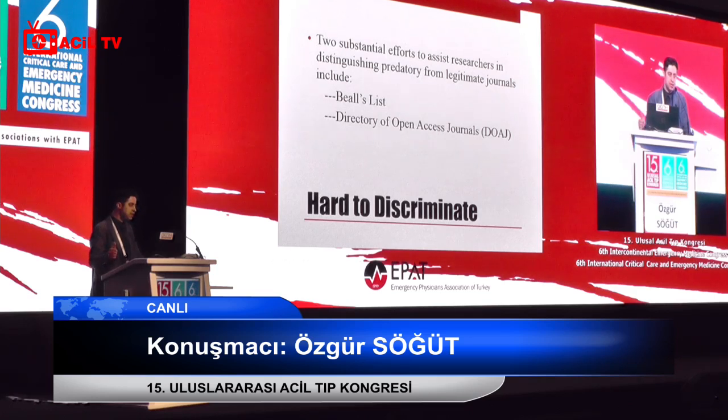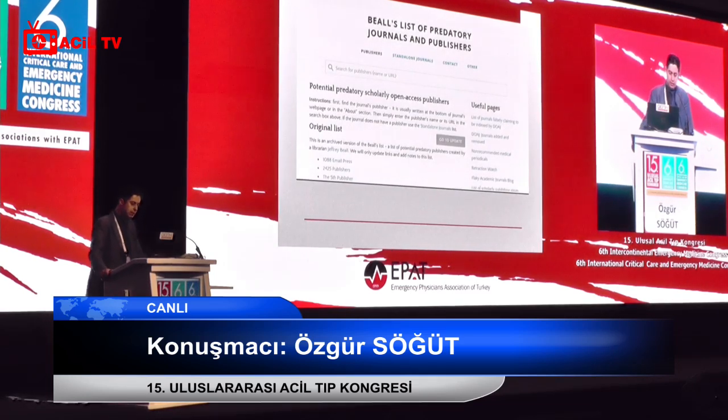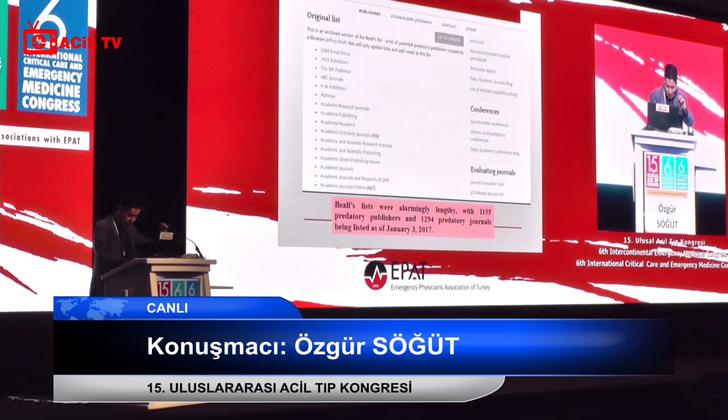There are substantial efforts to assist researchers in distinguishing predatory from legitimate journals. These include, firstly, Beall's list. The second one is the Directory of Open Access Journals. Beall's list of potential predatory journals, open access publishers or journals can be accessed from this website. The name of Beall is Jeffrey Beall.